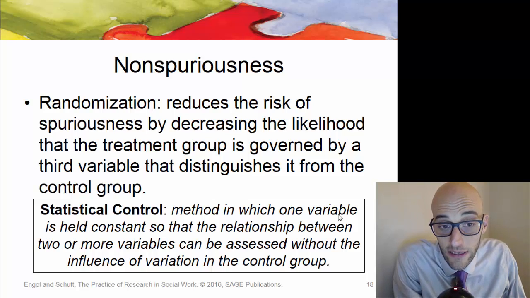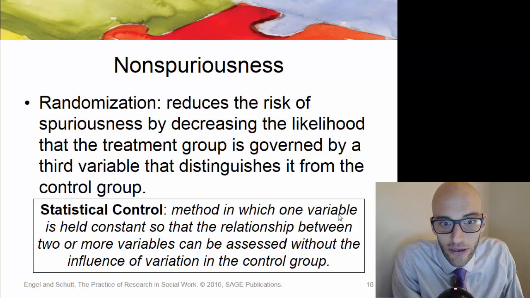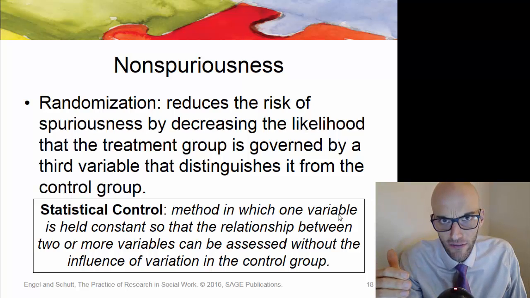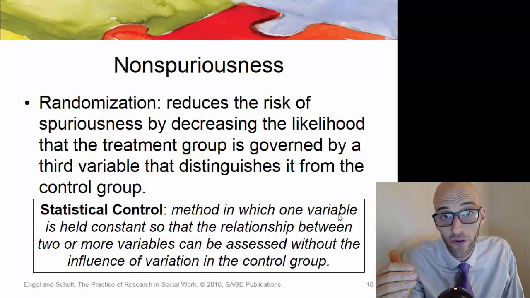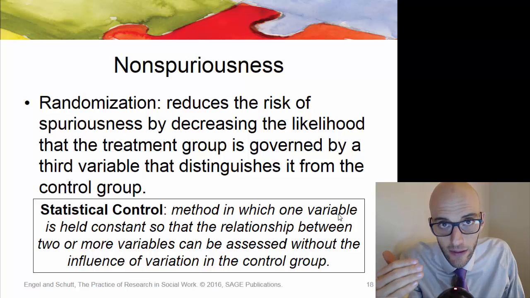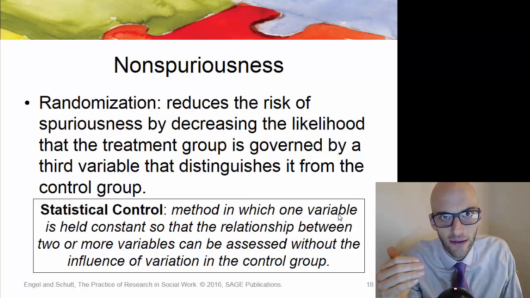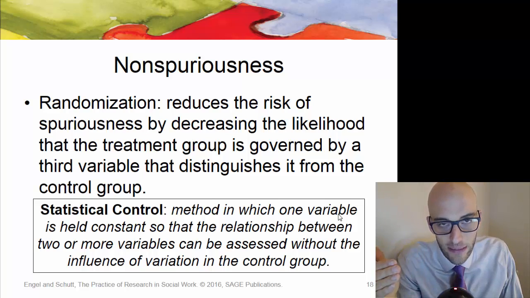Another important concept here is statistical control, which is basically a method in which a variable is held constant so that the relationship between two or more other variables can be assessed without the influence of variation in the control group. When we conduct research in social science, we want to control for external variables as much as possible. For instance, if we're doing a smoking cessation group, one person gets a nicotine patch and another person gets a placebo patch.